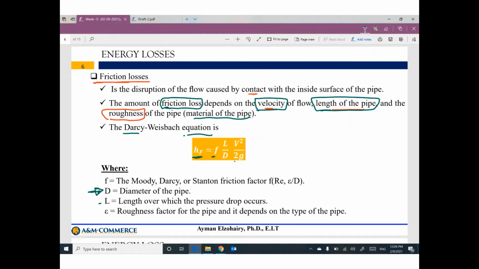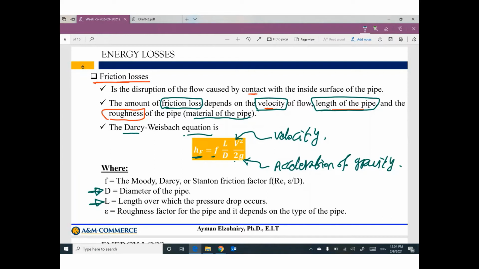L is the length of the pipe. V is the velocity of the flow. G is the acceleration of gravity. Then we still have one parameter, which is F.